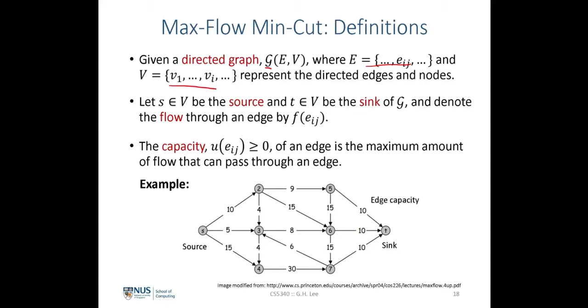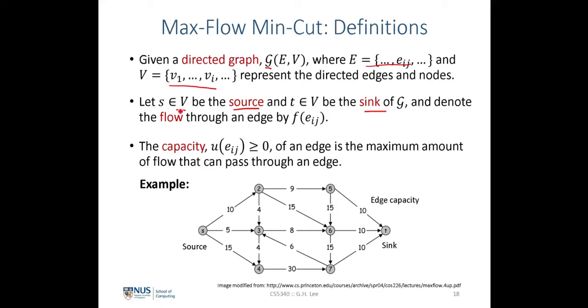Let S, which is a special node that we call the source node, be in the set V, the set of all the nodes in the graph. We'll also define another special node, which we call the sink node that I mentioned in the previous slide, denoted as T, also in the set of nodes of this directed graph G.